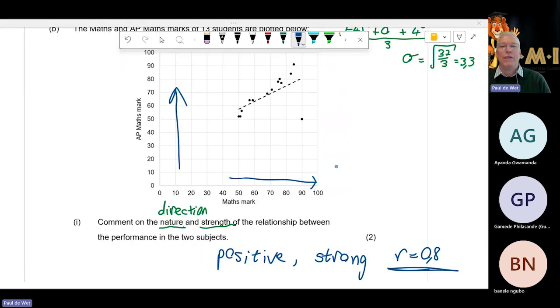Are you guys comfortable with how you work out the correlation coefficient and the equation of the line of best fit? Do you know how to do that?